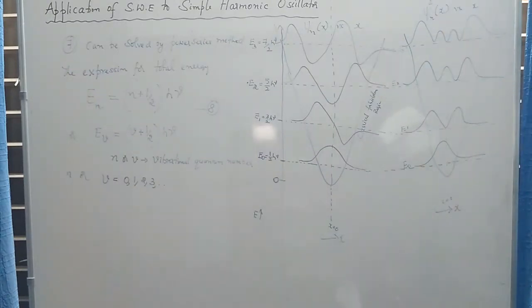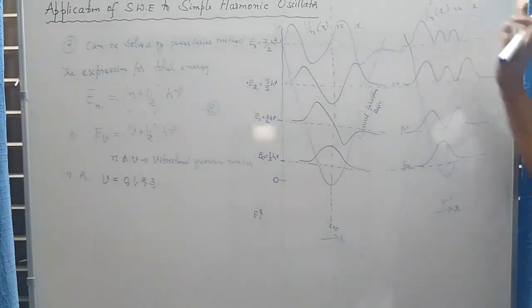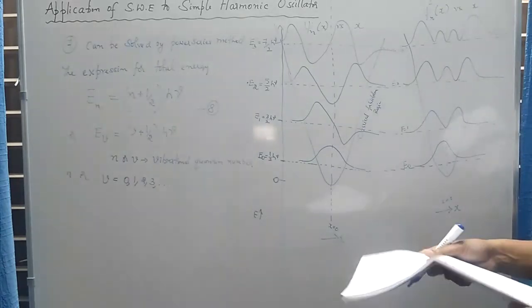So as the energy of the simple harmonic oscillator increases, the maximum probability shifts from the equilibrium position to the two extreme situations, that is x is equal to a and x is equal to minus a. So this is a very important observation.